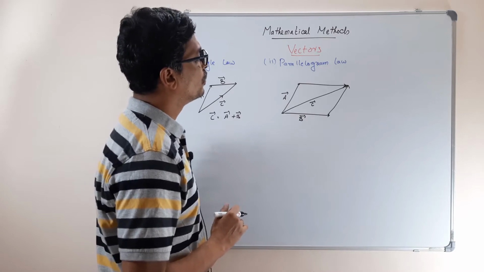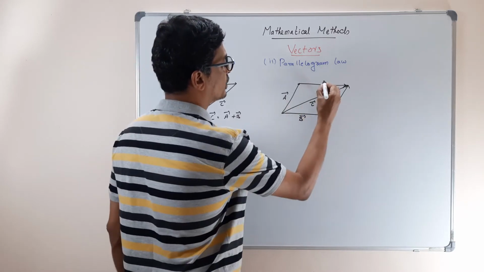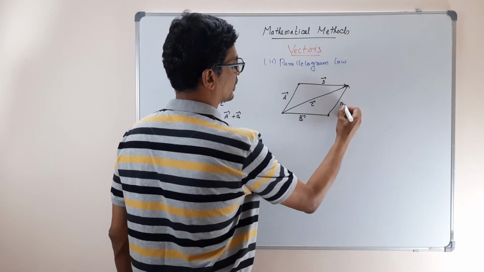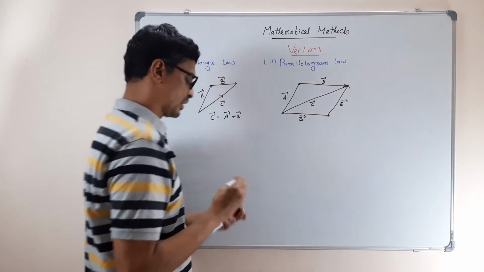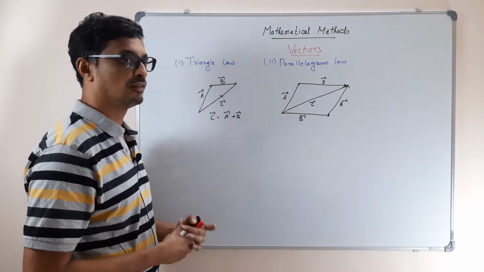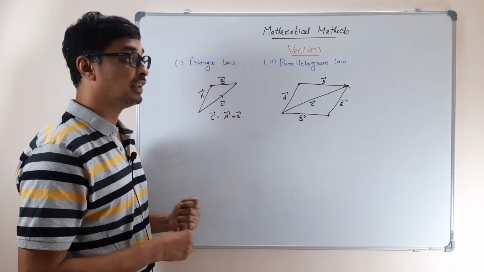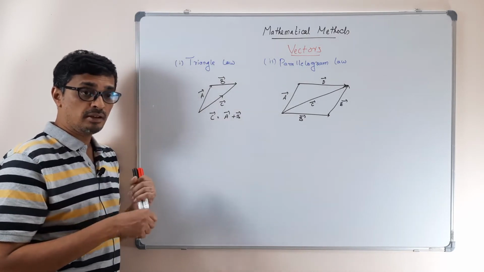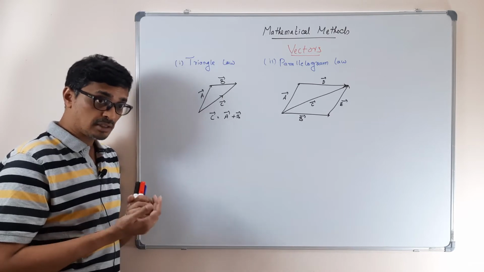Let me call this the D vector and this the E vector. Can you tell me what the equal vectors are here? Equal vectors means they should be equal in magnitude, only the same direction?